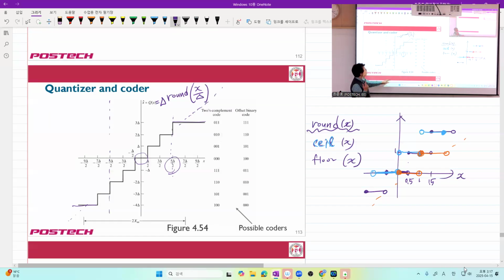Because usually, not always, they have some small number assigned to 0.